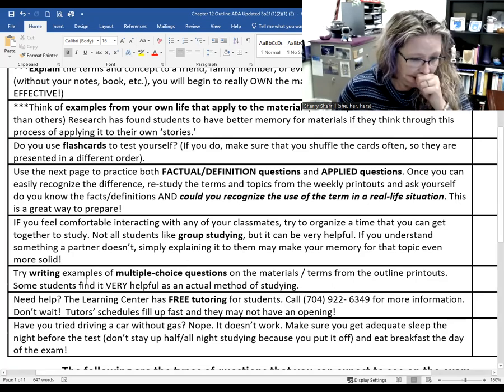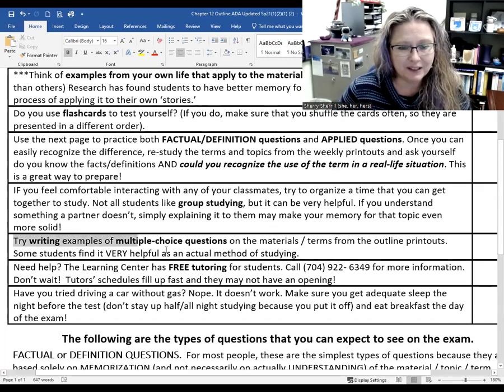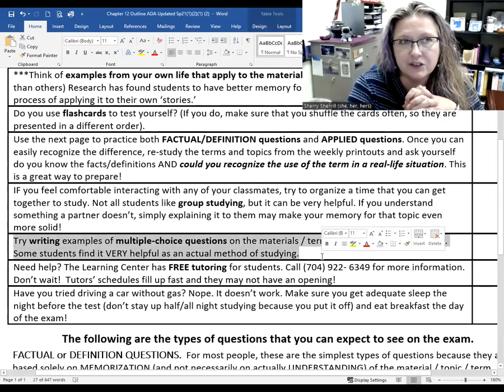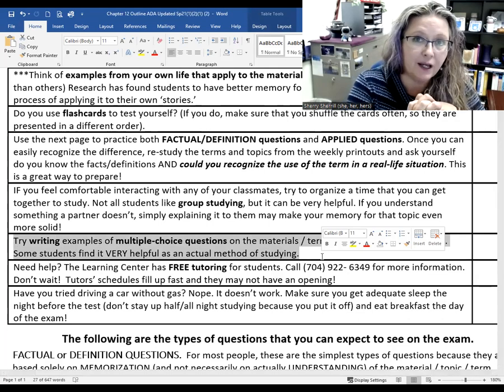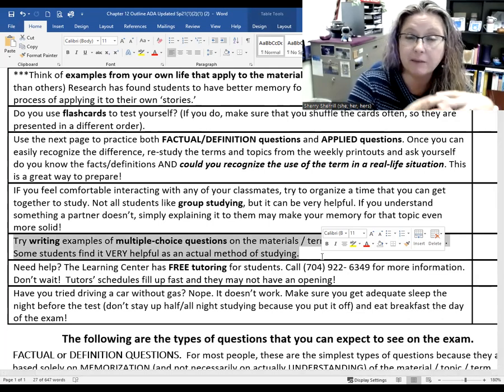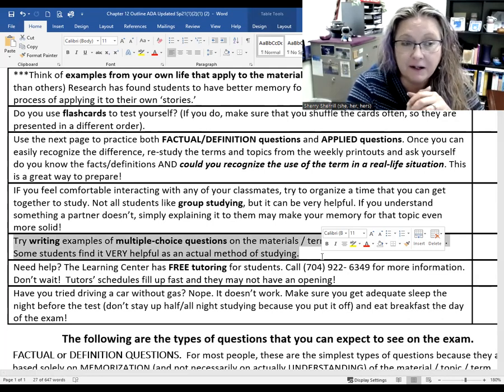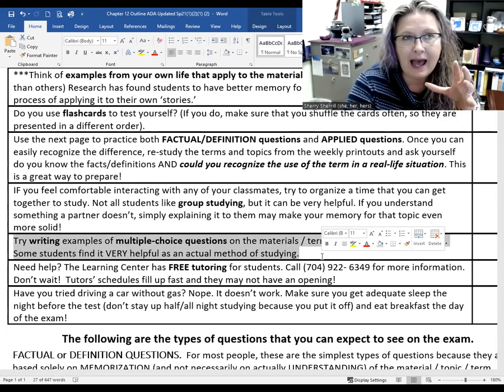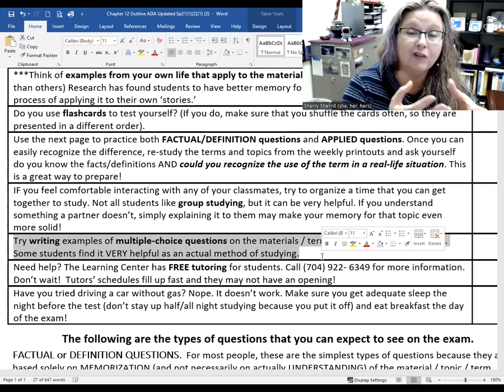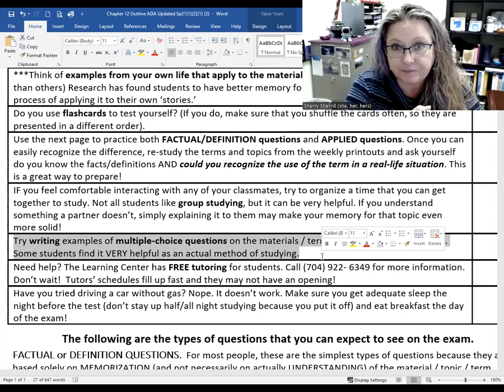Next on this outline is, since the vast majority of my questions are multiple choice, when you're going over the material, when you're studying, as I'm covering it in the lectures, think to yourself, how would this be put into the form of a multiple choice question?